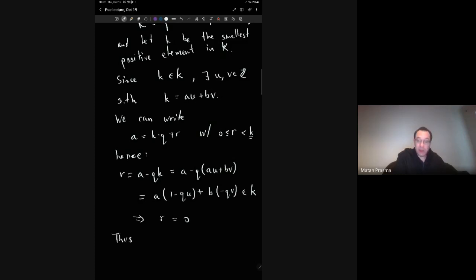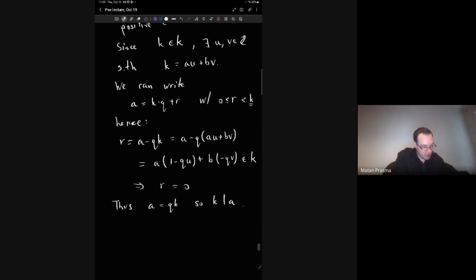Thus, A is equal to Q times k. So k divides A. Similarly, k divides also B. So k is smaller or equal than the GCD of A and B, right?